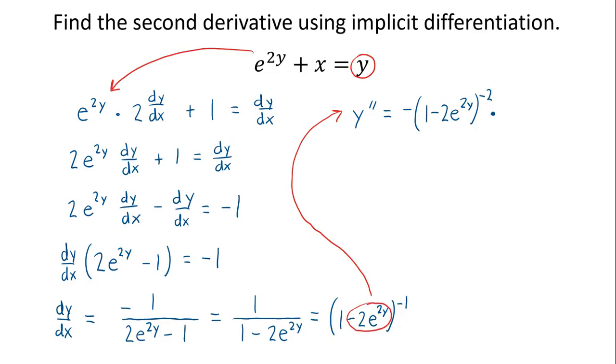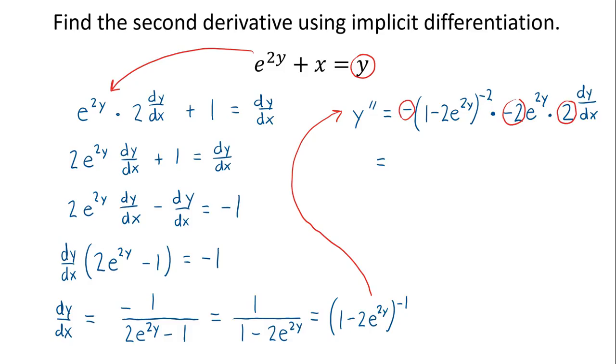And to find the derivative of the second term, negative 2 times e raised to the 2y, we have to use the chain rule again. The derivative of that entire expression, negative 2 times e raised to the 2y, is negative 2 times e raised to the 2y. And we multiply that by the derivative of the inside function, or in this case, the exponent of e. The exponent of e is 2y, and the derivative of 2y with respect to x is 2 dy over dx.